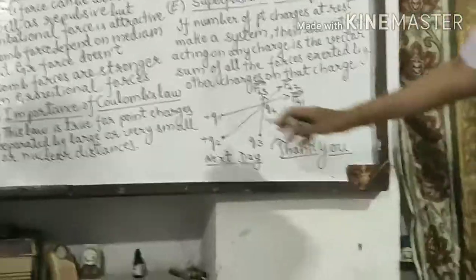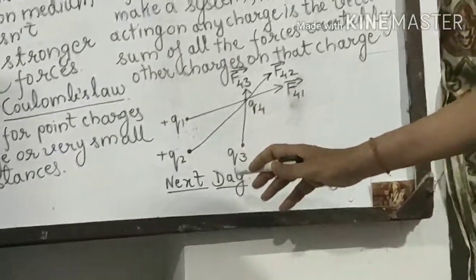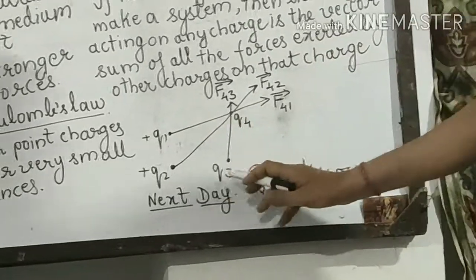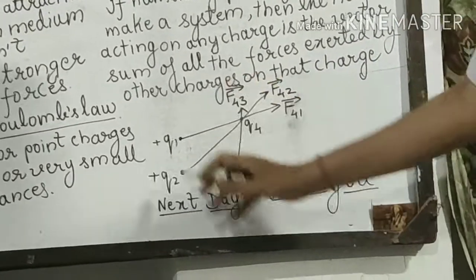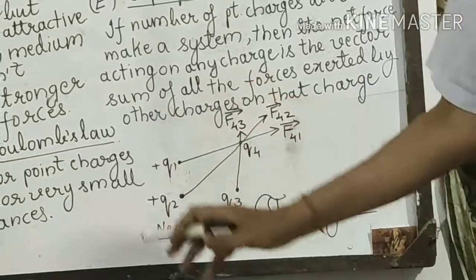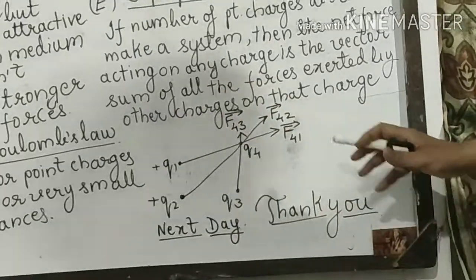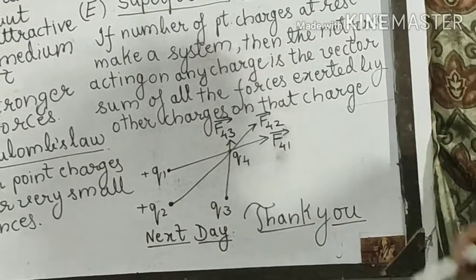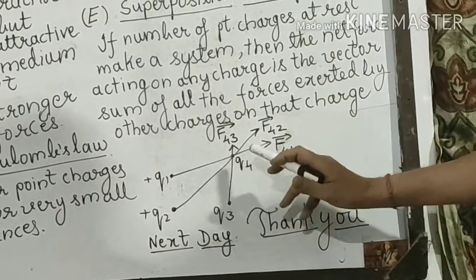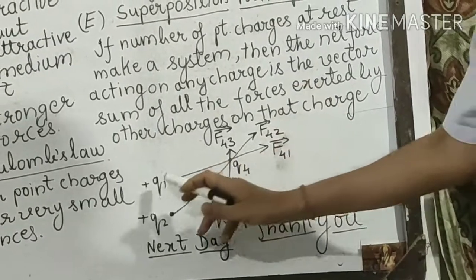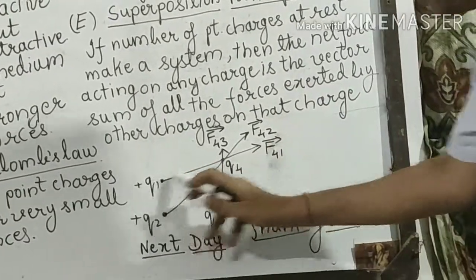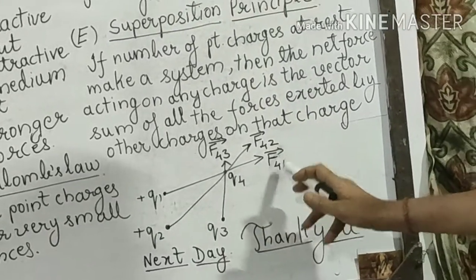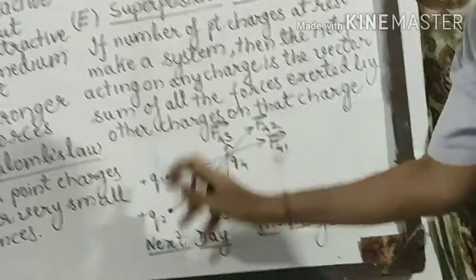So here is a system in which I have taken four charges, Q1, Q2, Q3, Q4. They make a system, and I want to find the total net force on Q4. This charge Q4 will experience an interacting force by Q1 in this direction, which is F41, the force exerted on Q4 by Q1.